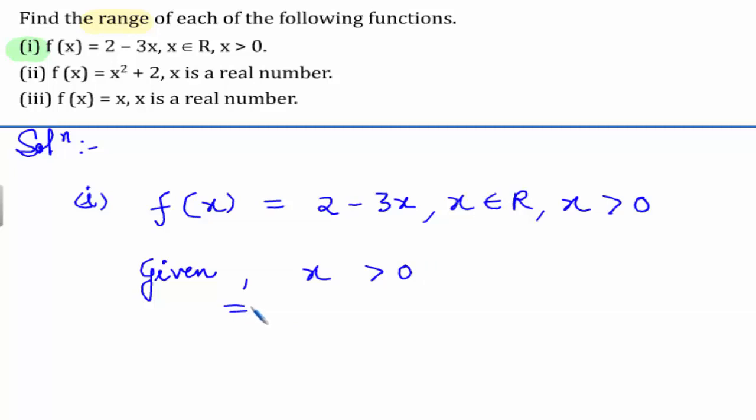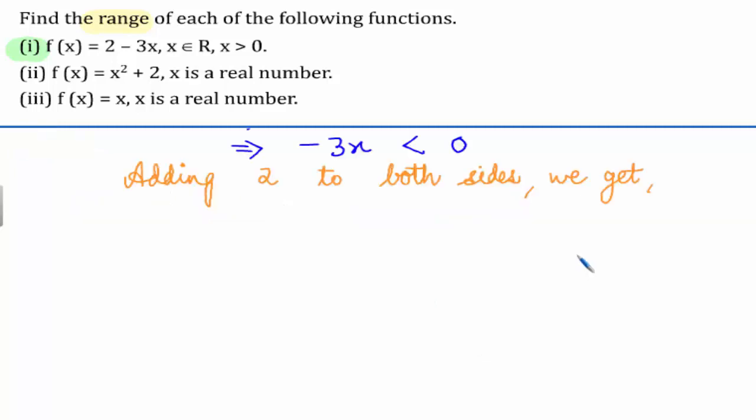So this implies 3x is greater than 0. And we can write this as minus 3x less than 0. On adding 2 to both sides, we get 2 minus 3x is less than 2.